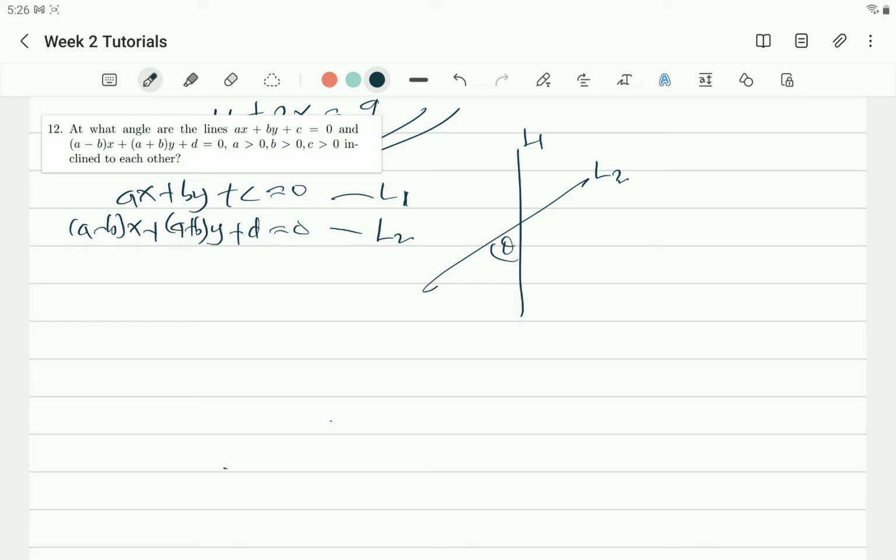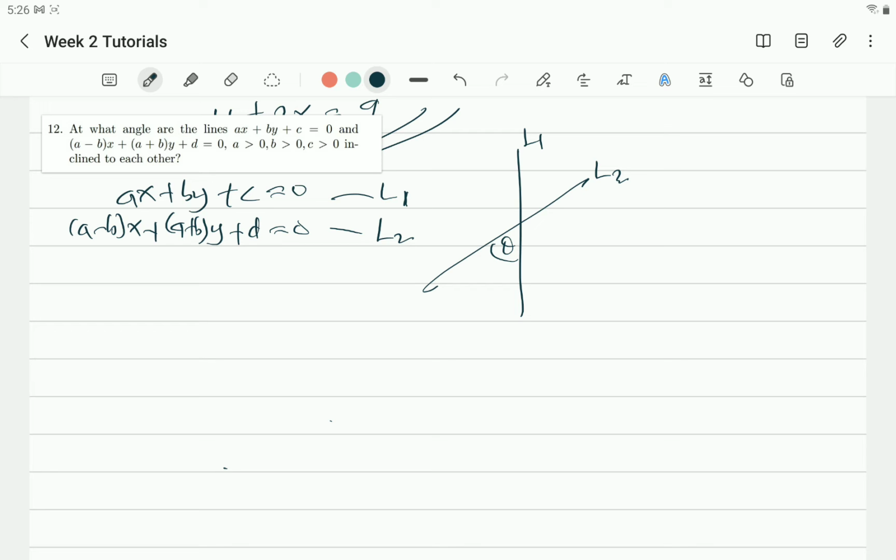And if you can recall, we would need the gradient of those two lines and some formula from the trig ratios with respect to tangents that gives us some particular information about the angle between the two lines, right?